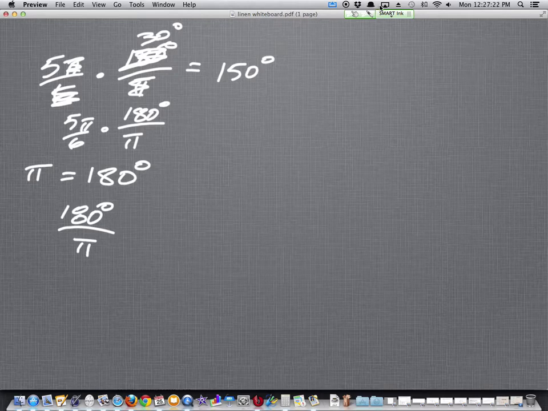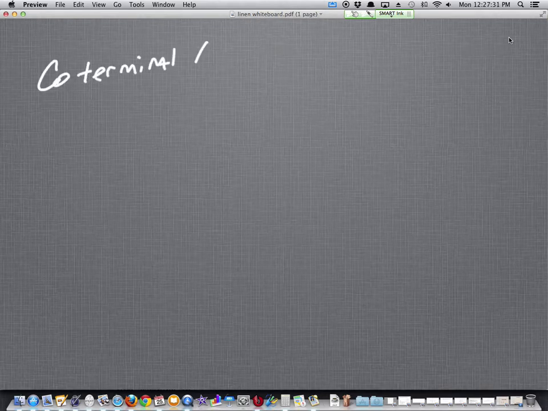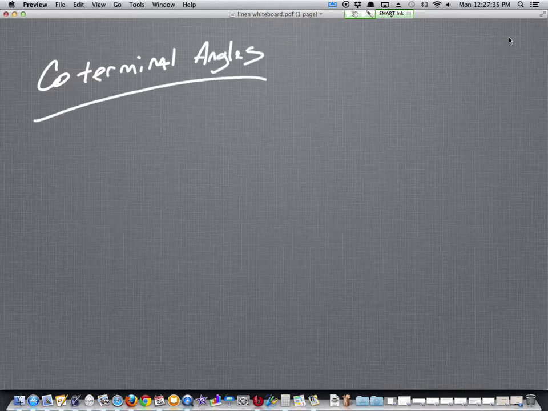Next thing is coterminal. Talk about coterminal angles. Understanding coterminal angles, it's all in the name of it. Coterminal.